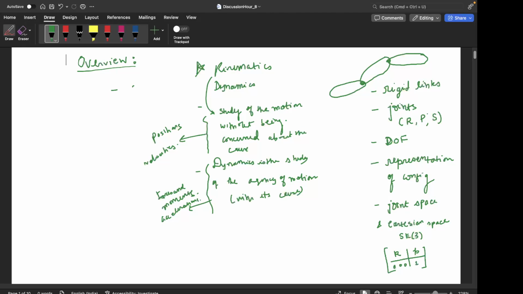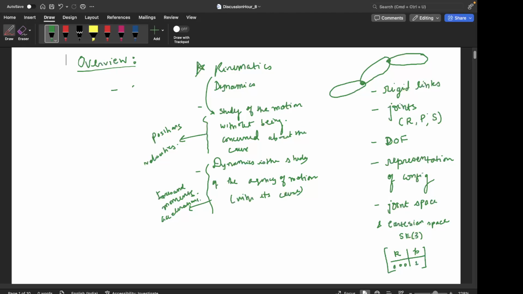So in kinematics, we discussed the position and velocity of different links of the multi-body system. Basically, we could write the position of any link in the Cartesian space given the configuration in the joint space by using the forward kinematics.